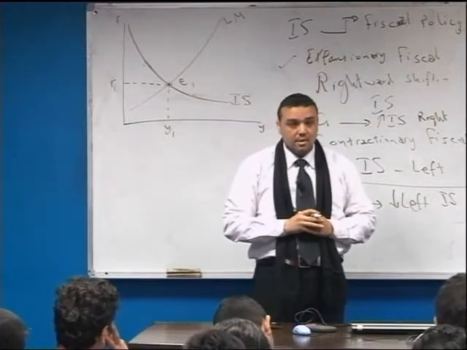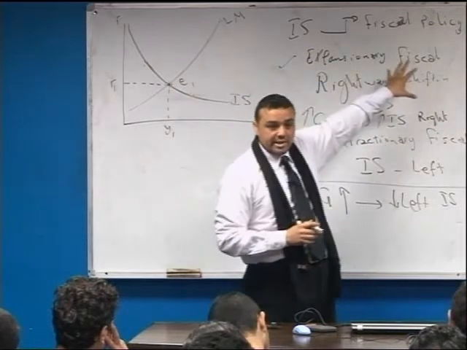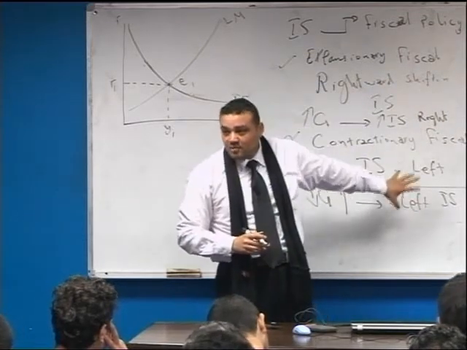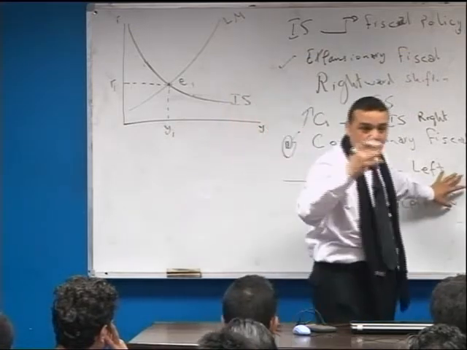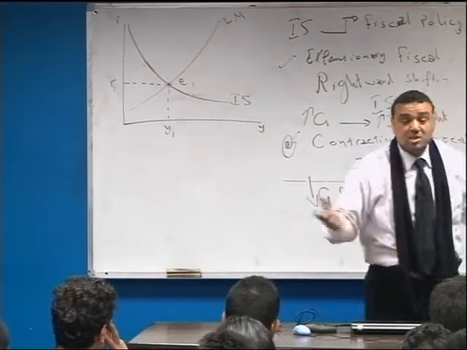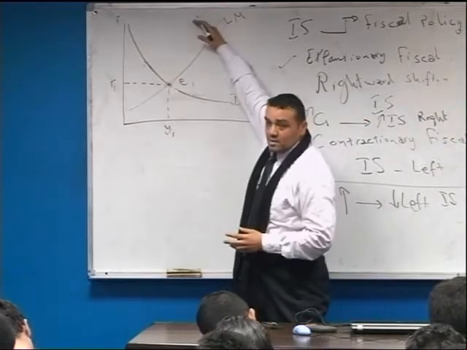So far, is it clear? IS is sensitive to fiscal policy. If the government increases government spending, that is, uses expansionary fiscal policy, the IS will shift to the right.